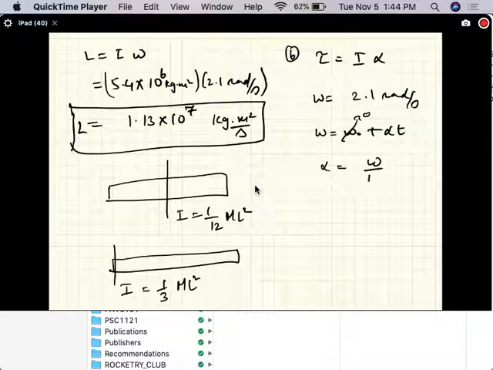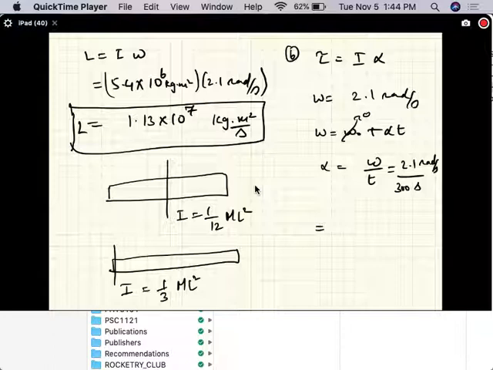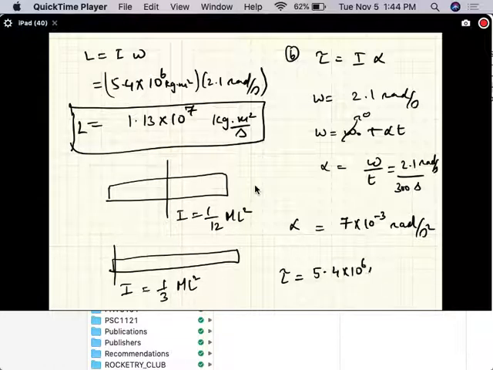Alpha is omega by t, 2.1 radians per second, divided by 5 minutes, which is 300 seconds. So the torque the wind applied on this windmill was 5.4 times 10 to the power 6 kg meter squared.